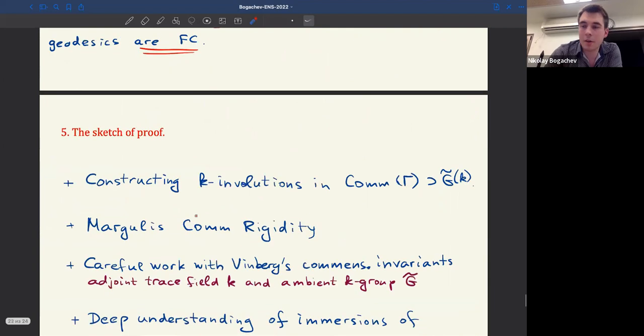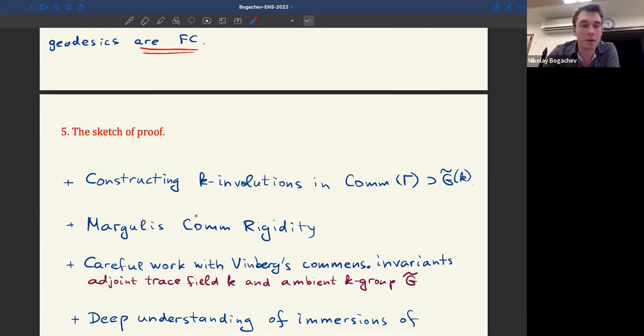And I think I have maybe just a few minutes to say a few words about the sketch of the proof. The proof is based on several considerations. First of all, in the arithmetic case, we should really construct this finite order element sitting in the commutator. So we should produce finite subgroups of the commutator, and actually then we should get infinitely many of them. We did it for each type of arithmetic lattices.